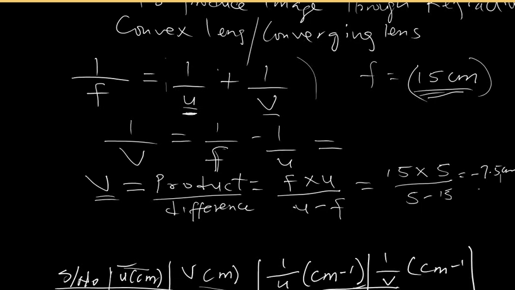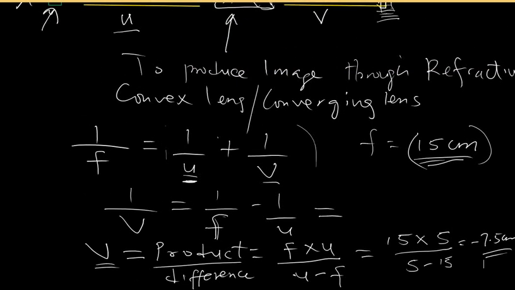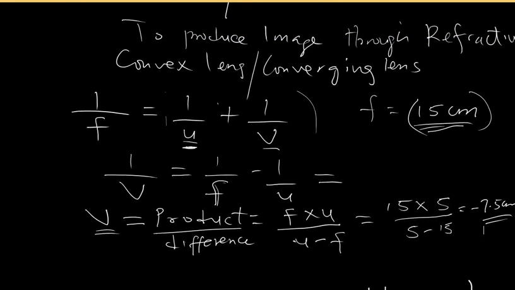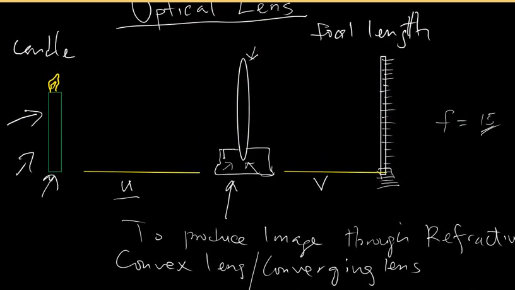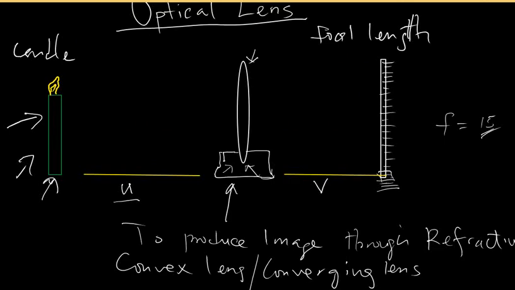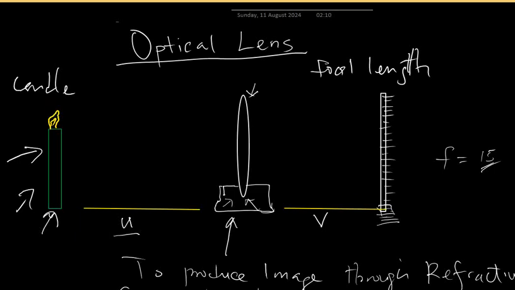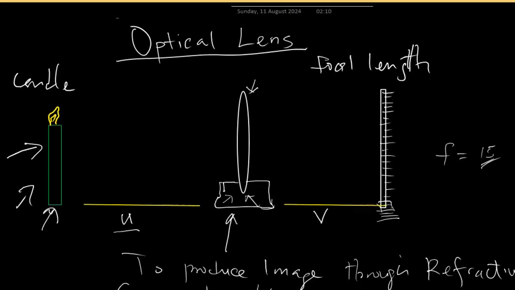So why do we have minus 7.5? The negative value shows a virtual image, please pardon me.